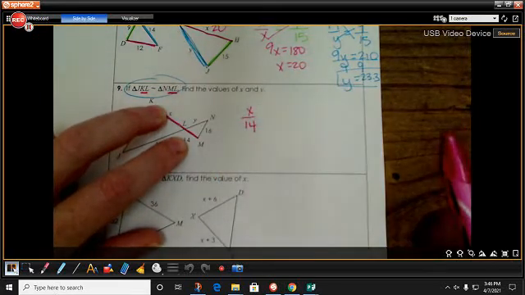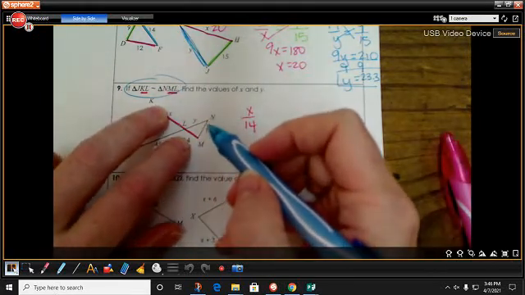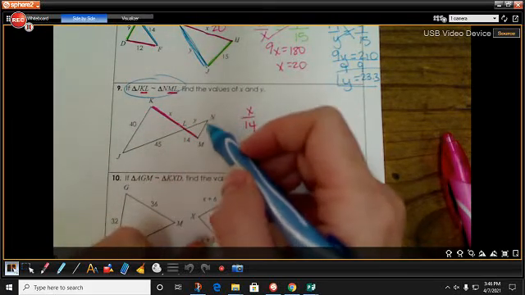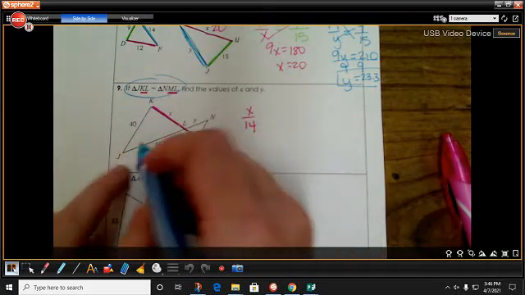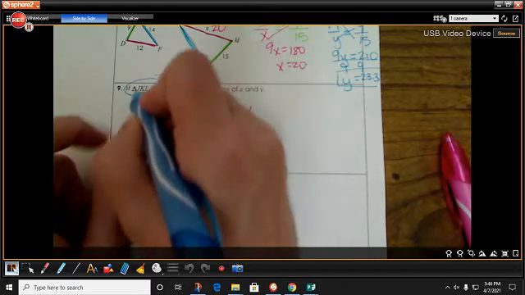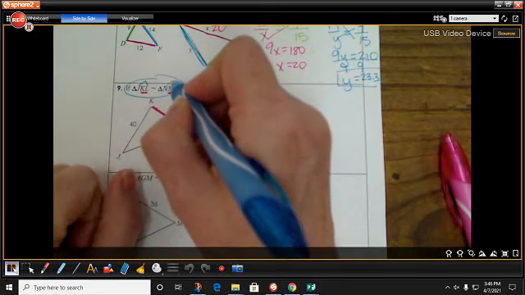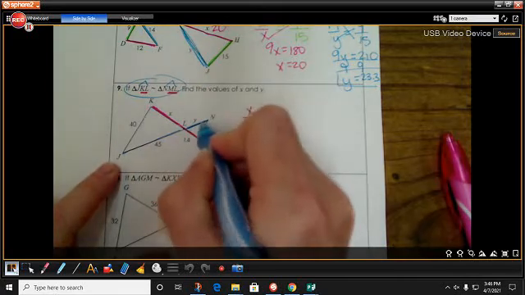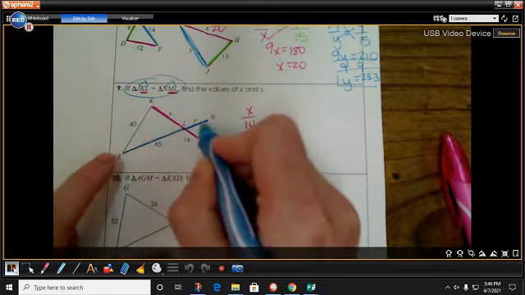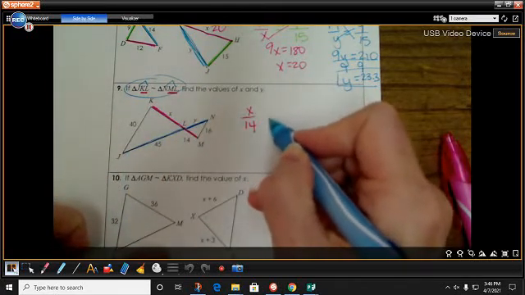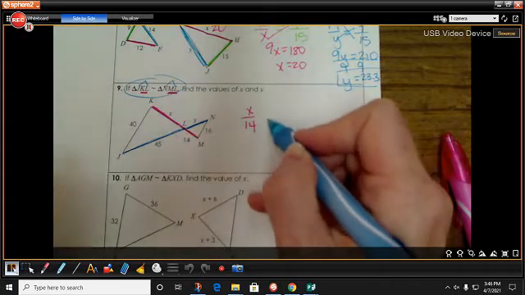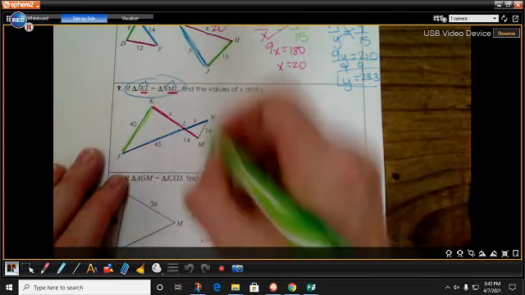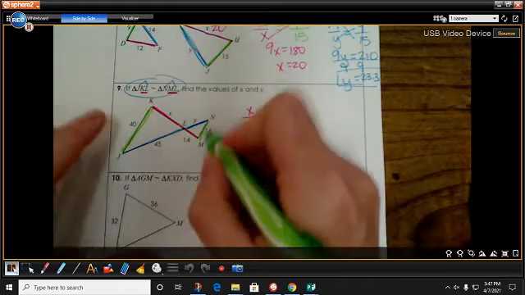So now I need to connect two other pieces, and I need to connect two that I have their values for. So J to L would go with N to L, but oh look, I don't have that Y, so I can't use it because that would mean I'd have two things I didn't know in my proportion. I don't know how to do that. So now I'm going to go, okay, well that means that JK goes with MN, and I do know both of those numbers.